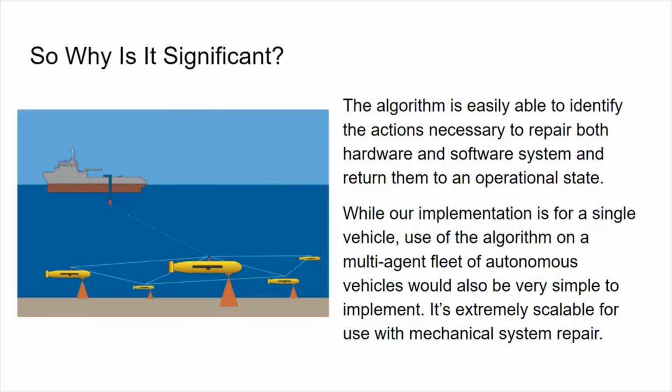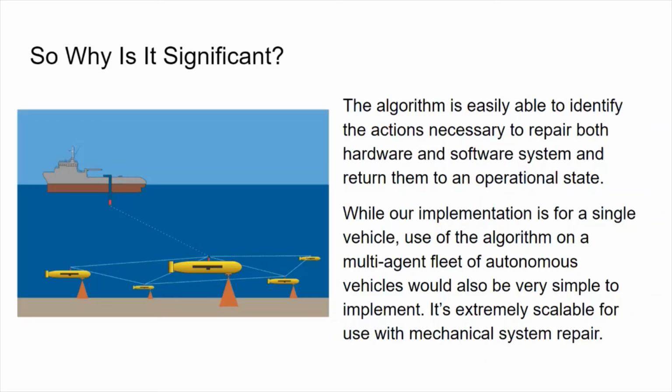One of the interesting areas of research right now is in multi-agent systems where you've got multiple robots working together and communicating with one another. And with this algorithm, you could define a system that has interactions between those different vehicles where if something goes wrong with one, another one could go and repair that vehicle if that vehicle is not able to repair itself.